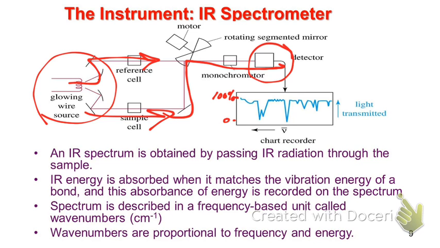Okay? What happens if we put a compound in there? Well, as we start to scan our frequency or our energies, maybe the molecule doesn't absorb. So we don't see a change in our absorption or percent transmittance. All the light continues to pass through until eventually what happens? Whoop, there's a bond. That bond happens to absorb that energy, and we end up seeing our spectra.